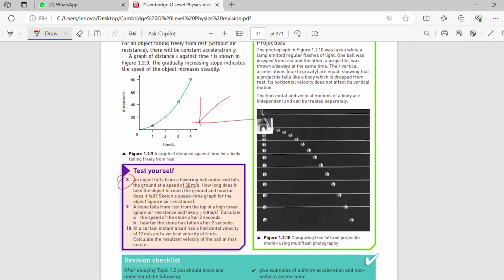We will get a v-t graph with a straight line. We have to find out its time. a is equal to v minus u by t. Acceleration is 9.8. The final speed is given to be 30, minus 0 because it has been dropped, over t. We will solve it and we will get the time for that.